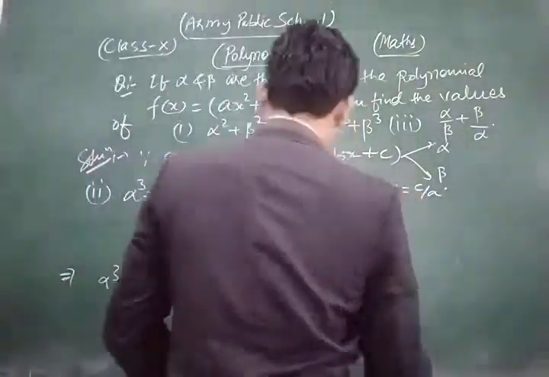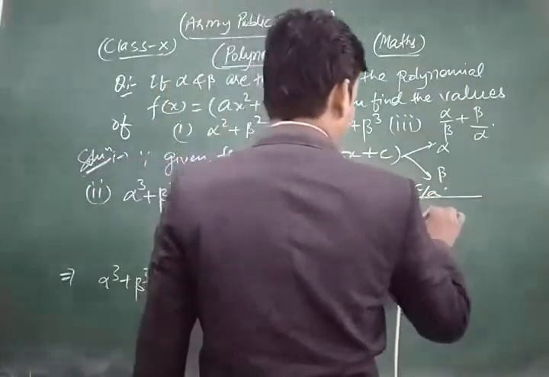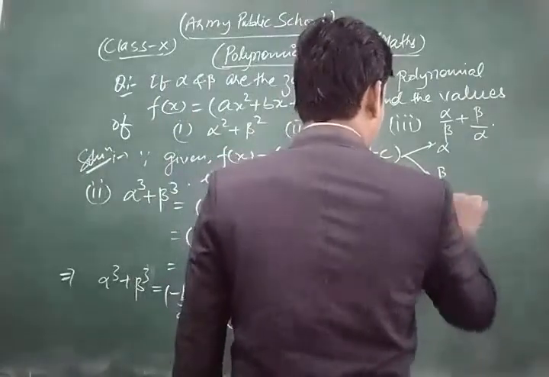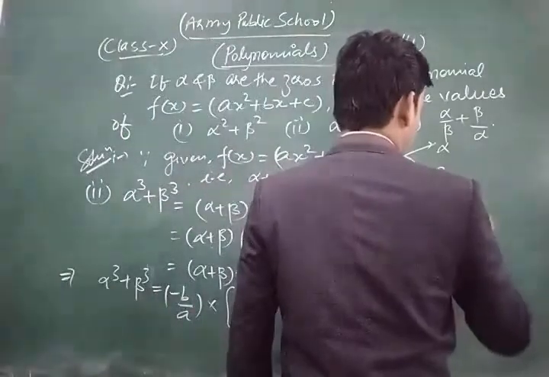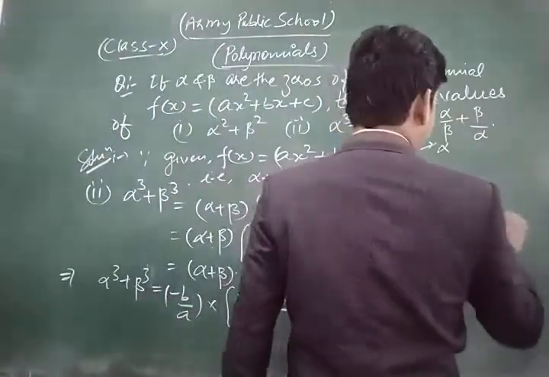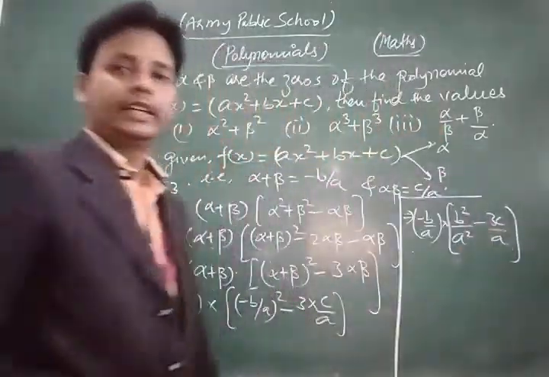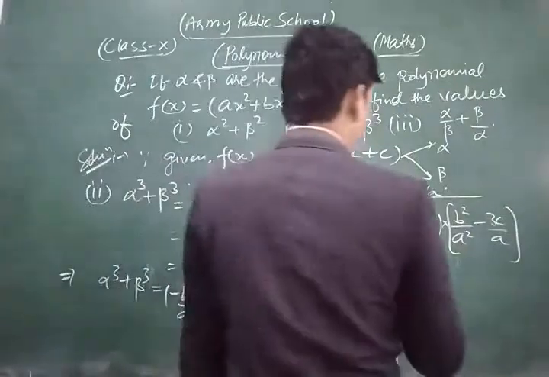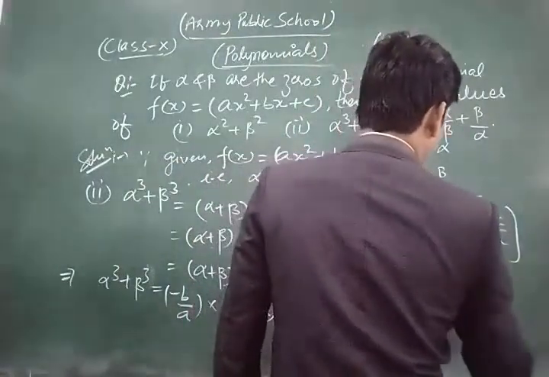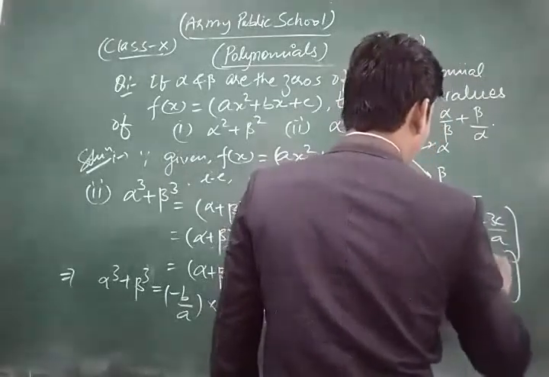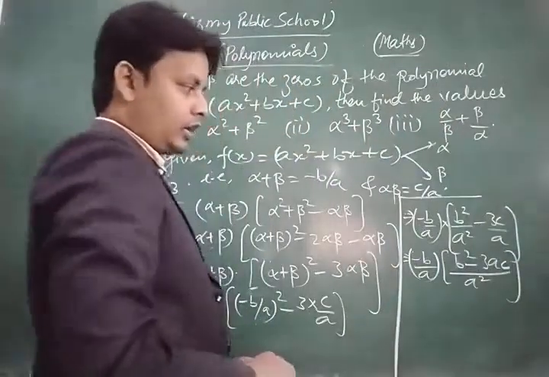So look here, this is minus b by a, right, as it is, into b square upon a square minus 3c by a. Now we take the LCM of their denominators. So look, this is minus b, as it is, upon a. Here we take a square as LCM, so we get b square minus 3ac. So we get as what?